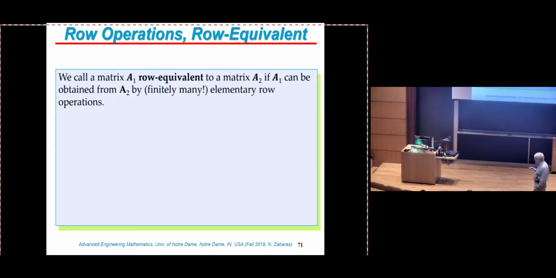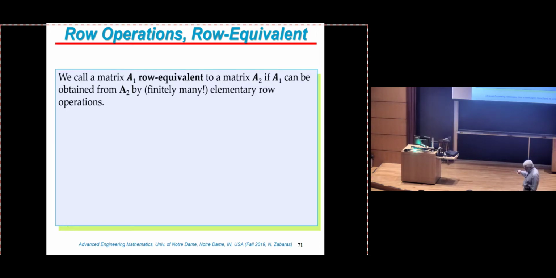Now we are going to introduce what I call elementary row operations, which are basically operations that combine rows. If you have a 3 by 3 matrix, you can take the first row and the second row, add them, and substitute row 1 with the new result.